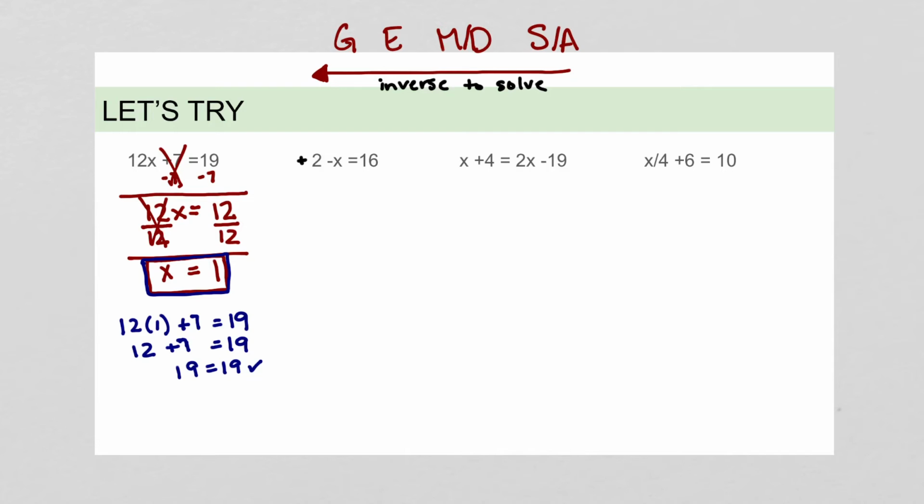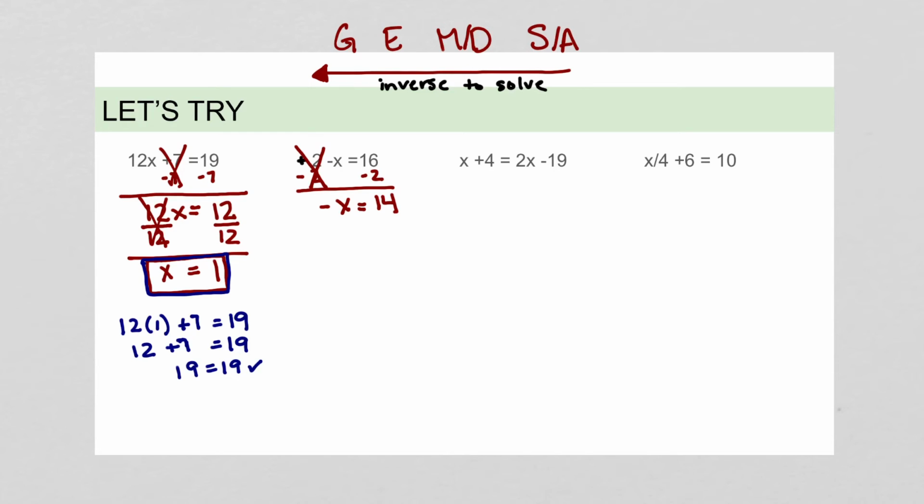So the inverse of a positive 2 is a minus 2. What I do to one side of the equal, I have to do to the other to keep it balanced. Well, my positive 2 and my negative 2 simply add to 0, so I don't need to write them anymore. So on the left side, I have negative x. My equal sign still lines up. I have 16 minus 2 gives me 14.